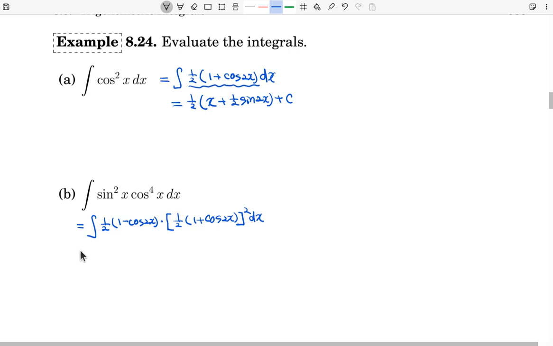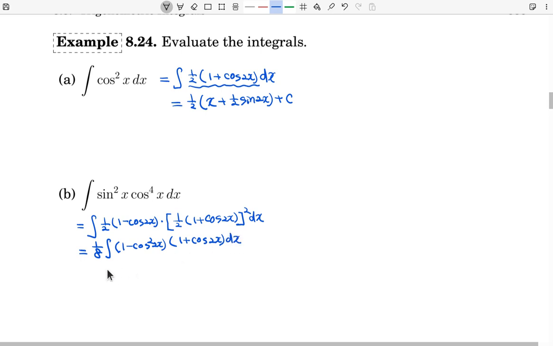So the constant will be 1 over 8, and the integral, when we multiply out, is the same as 1 minus cosine squared 2x, and here one more 1 plus cosine 2x dx.